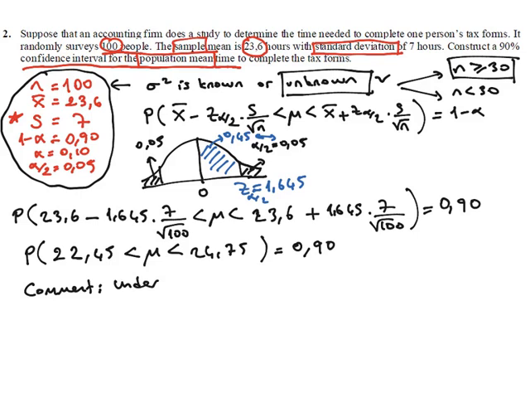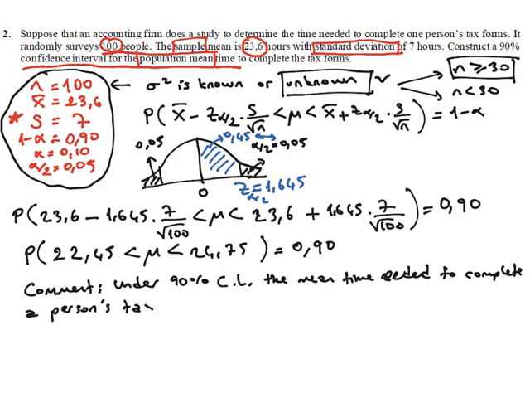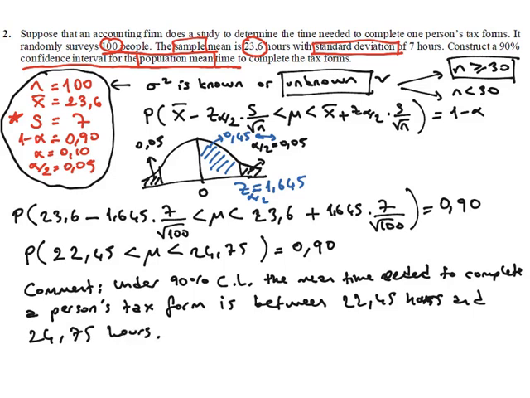So under 90% confidence level, the mean time needed to complete a person's tax form is between 22.45 hours and 24.75 hours. So the question is done.